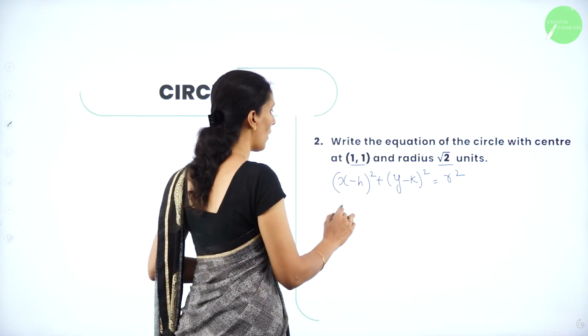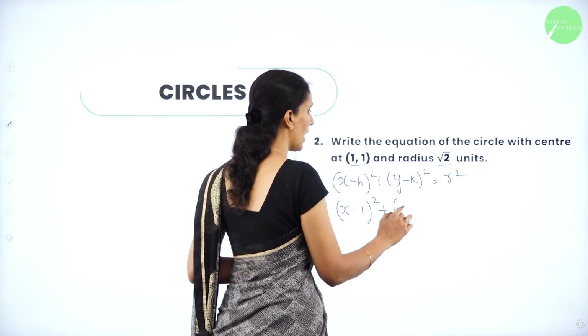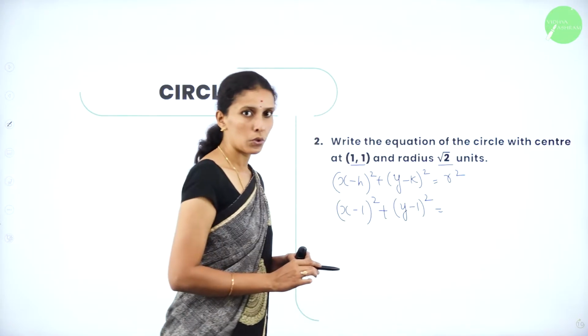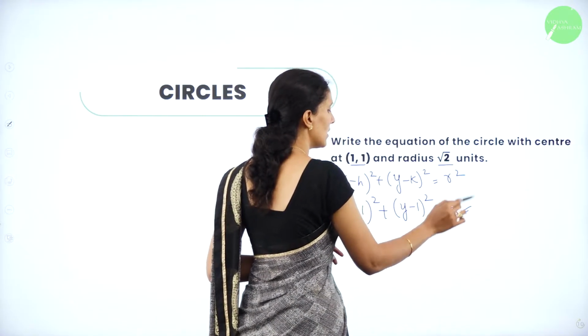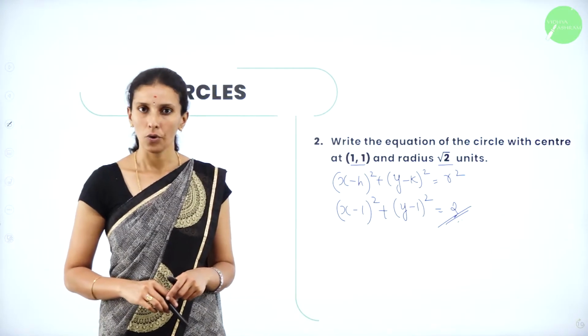So, h value is 1. So, it is (x minus 1) whole square and this is (y minus 1) whole square. r is root 2, so r square is only 2. So, this is the equation of the circle with center (1, 1) and radius root 2.